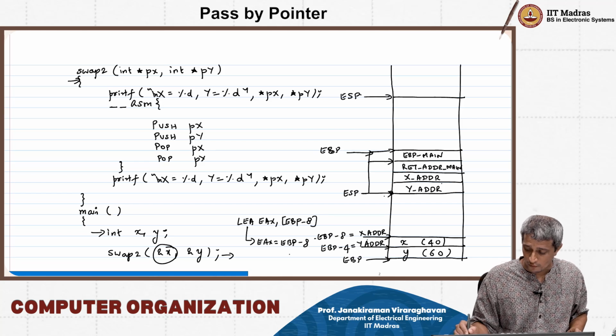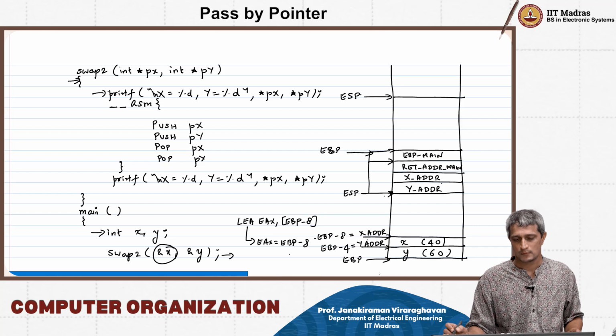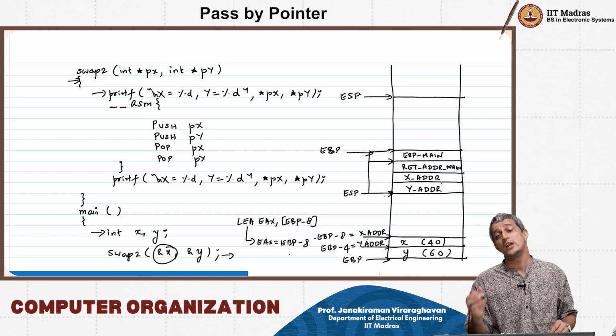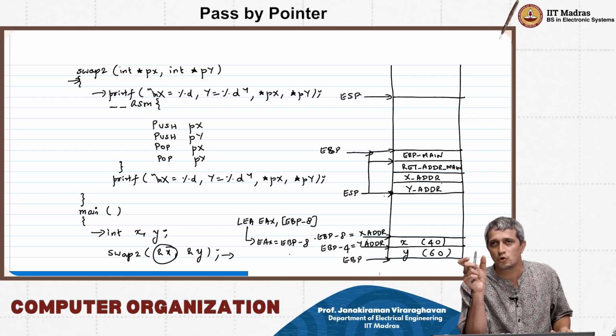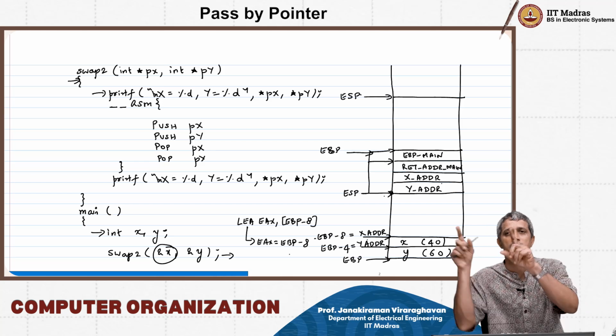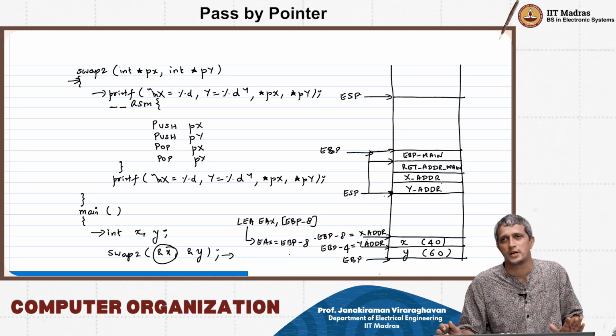In some sense, when you execute this printf, what will happen is, you will effectively use this address, x_address, move it into a register, and then you take the contents of EAX, push it onto the stack, and that's how you do the printf.